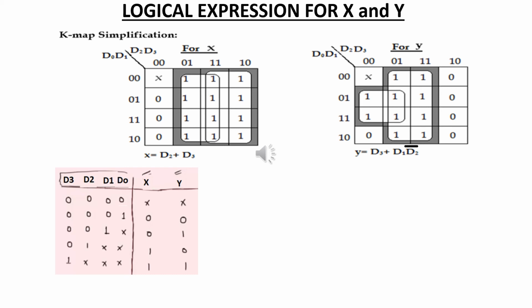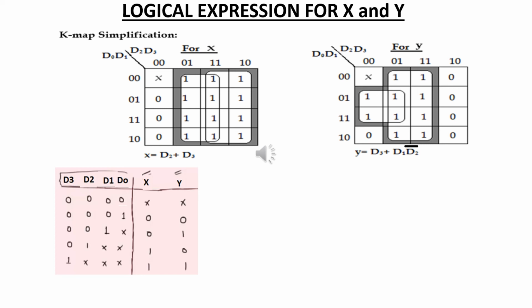When the third case D1 is equal to 1, D1 is 1 for the second row and the third row. So replace the second and third rows in our K-map by the value 0, which is our output value X. Similarly, the fourth case is D2 equal to 1.